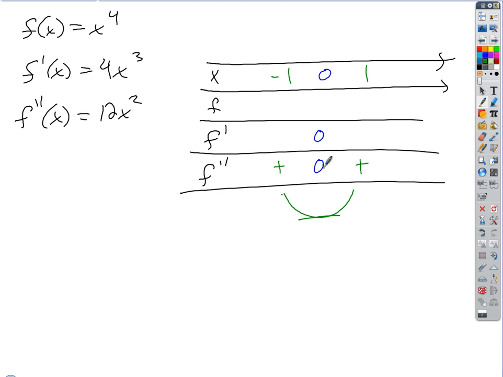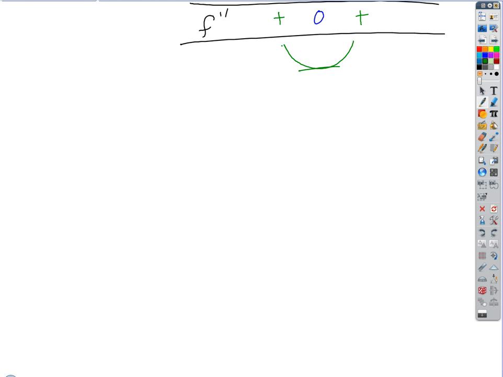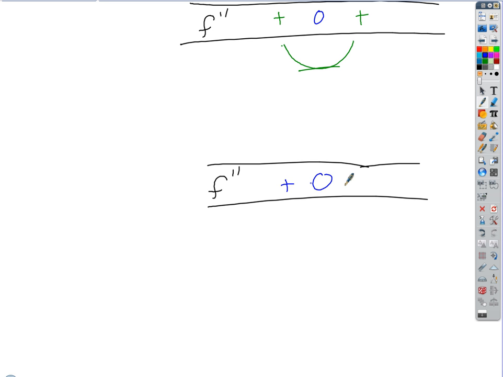That's where there's possibly an S. An S, though, is only going to occur if we're changing concavities, right? So if, for example, our second derivative row had a 0 here and we went from positive to negative, then that would have been from concave up to concave down.